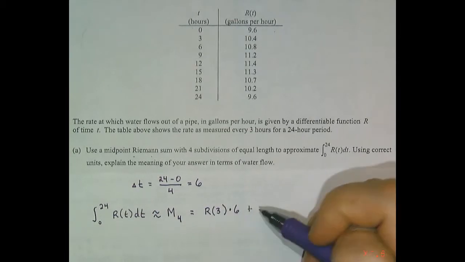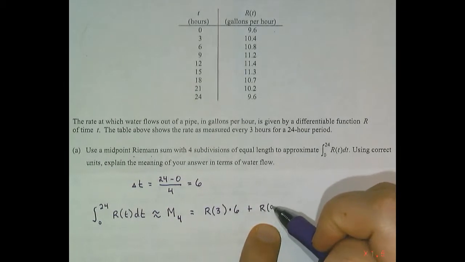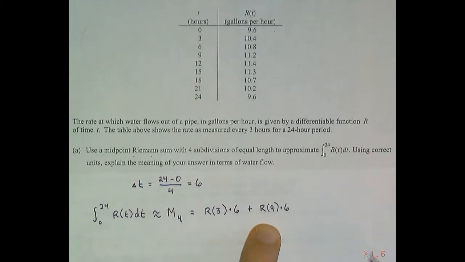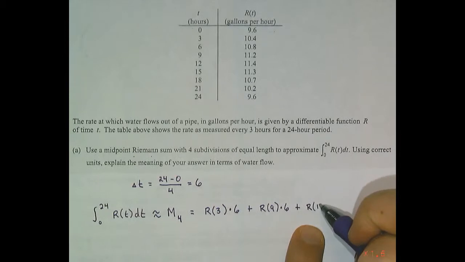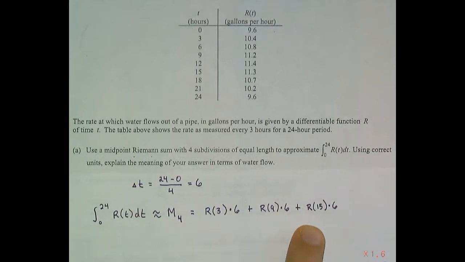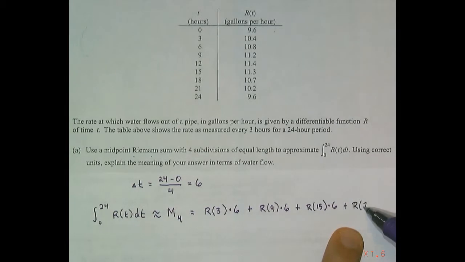Our next midpoint from 6 to 12 will have a midpoint at 9 times our delta t. And then the interval from 12 to 18 has a midpoint at 15 times our delta t. And then finally our last interval of 18 to 24 has a midpoint at 21 times our delta t.